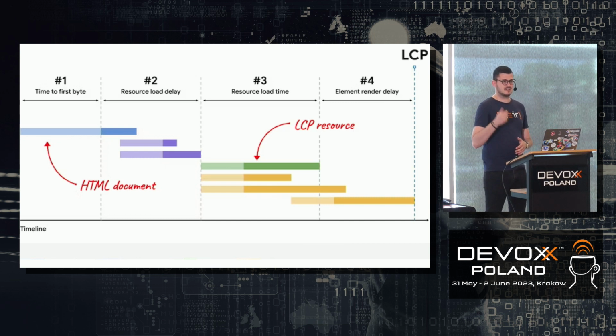The resource load time represents the time it takes the browser to download your LCP resource, and the element render delay represents the time it takes the browser to eventually download all the JavaScript files, parse them, and execute them to render the biggest block of text or the largest image.